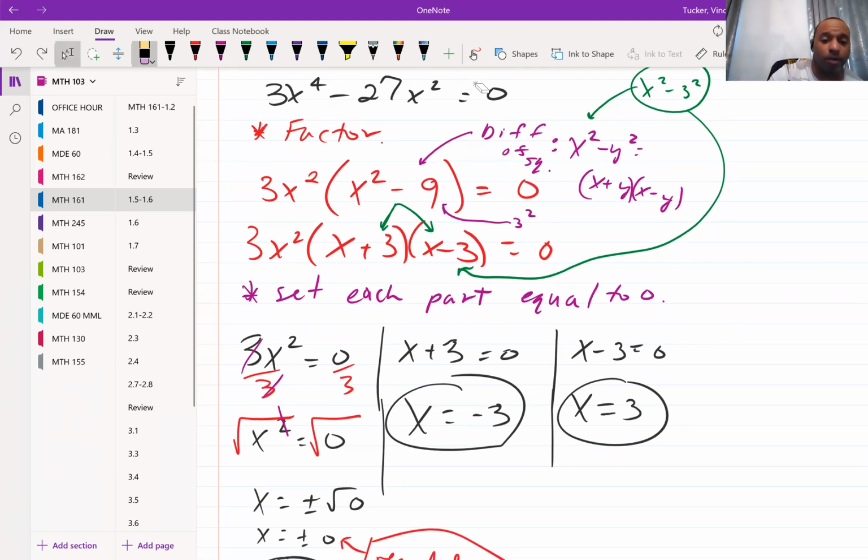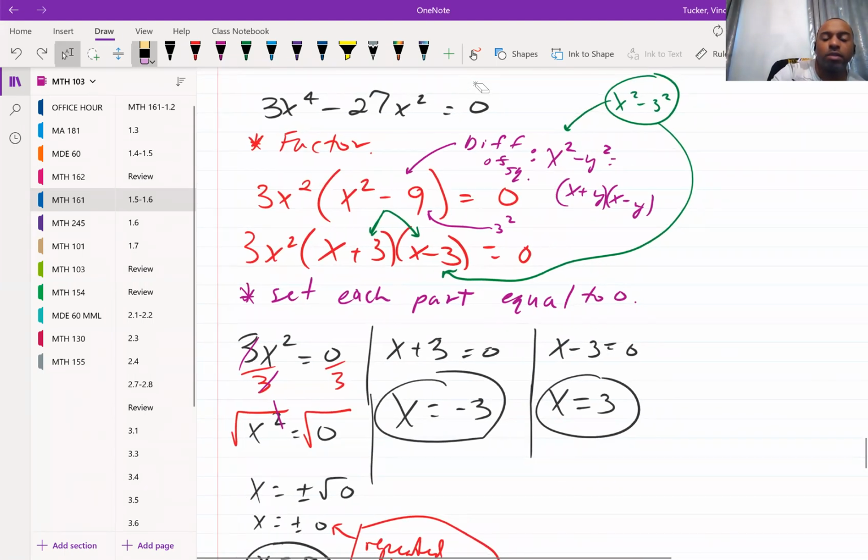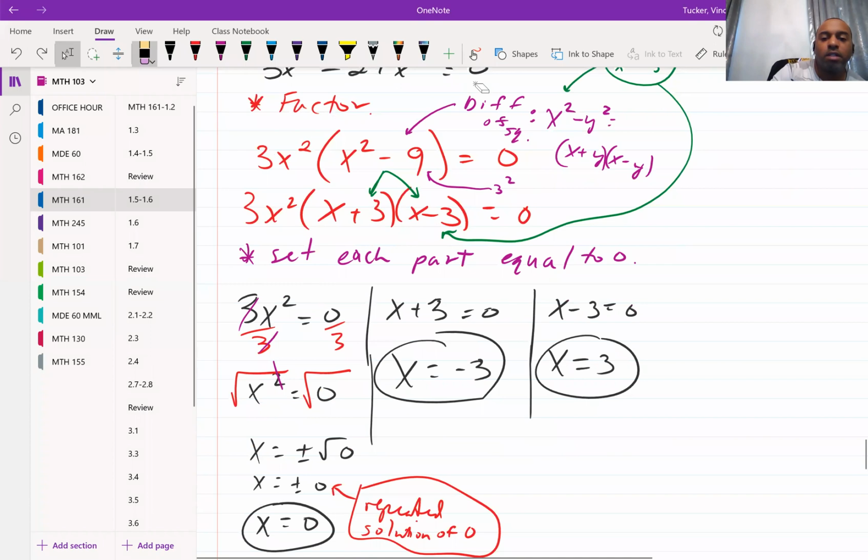But don't forget that whenever you take the square root of both sides, you do plus or minus. Remember our square root property. So that would actually be plus or minus 0. And of course, there's no such thing as plus or minus 0, so that would actually be a repeated solution of 0, but you don't have to write it twice. Writing it once is good enough.